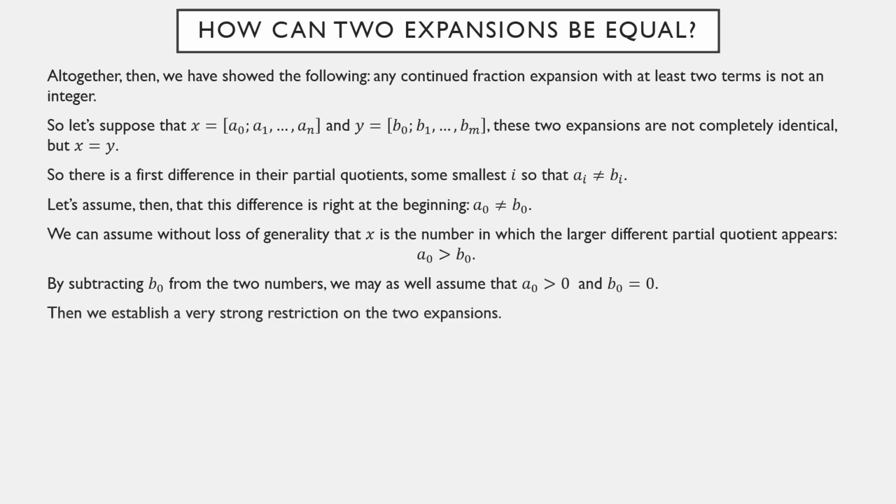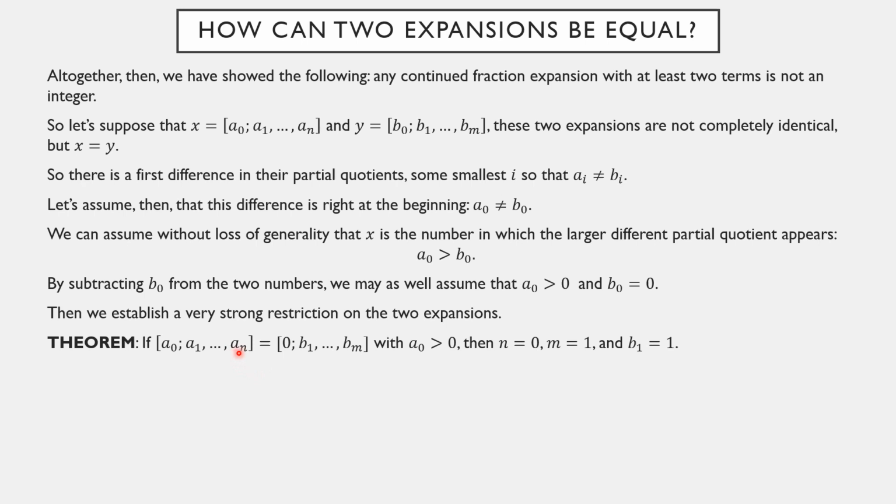Okay, so now we can make a very strong restriction. Suppose I have 2 continued fraction expansions, a0 and so forth, is equal to 0 and then partial quotients bi, where a0 is positive. The only way this can possibly happen, having a positive integer and then stuff, equaling 0 and then stuff, where that has to be positive here, is if n is 0.